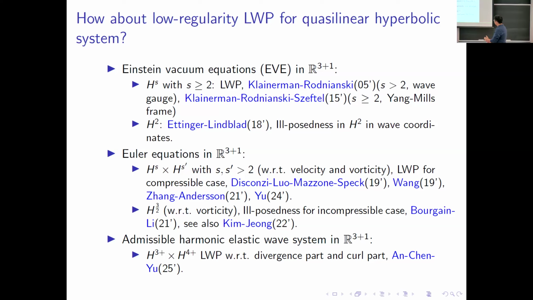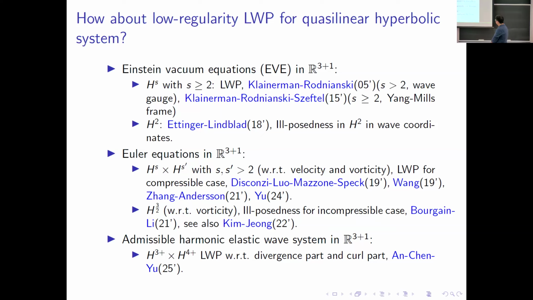Historically, there are quite a few proofs towards that. One of the proofs was done by Klainerman and Rodnianski. They first used wave coordinates to show that if s is larger than 2, there is local well-posedness. The sharper one was by Klainerman, Rodnianski, and Szeftel, the so-called bounded L2 curvature theorem, and they used a Yang-Mills frame to show that if s equals 2, there is also local well-posedness.